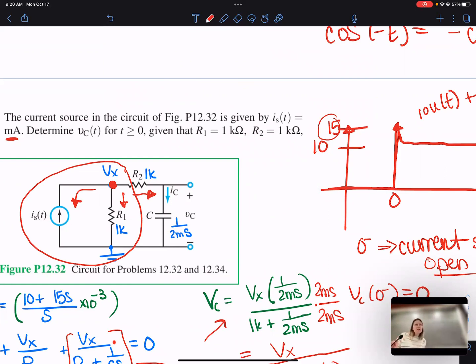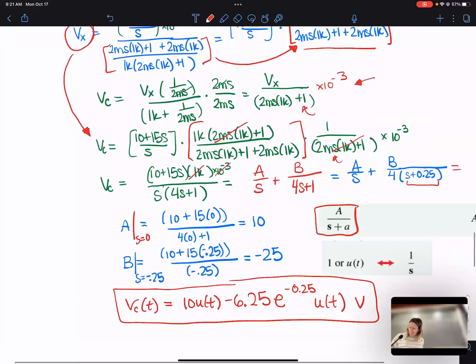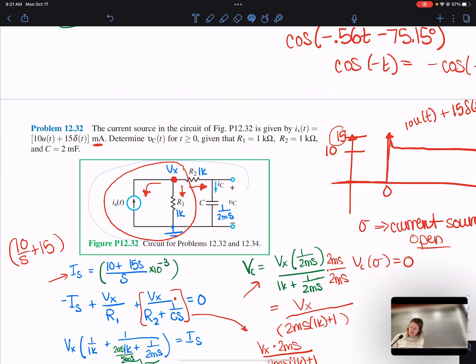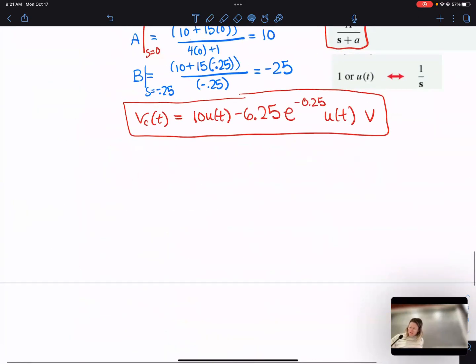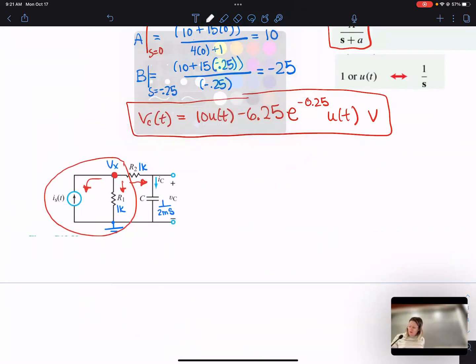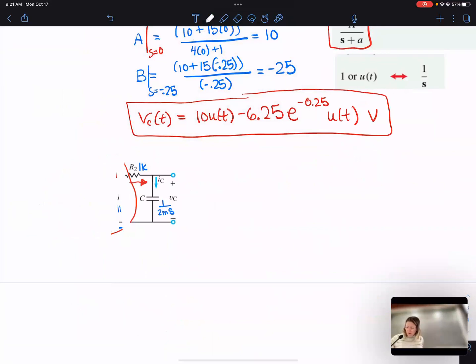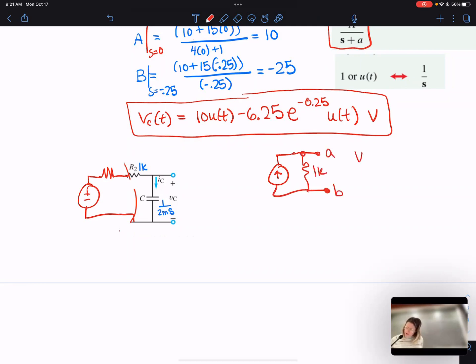If you do a Thevenin here, it's going to end up as my simpler circuit between A and B. So my VTH is just going to be IS times 1K and RTH is 1K.